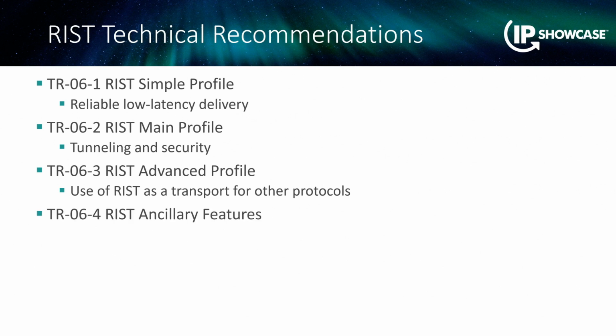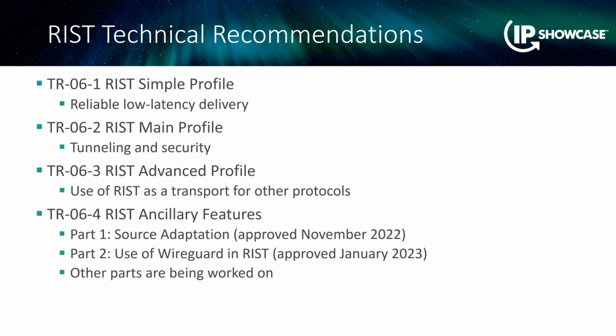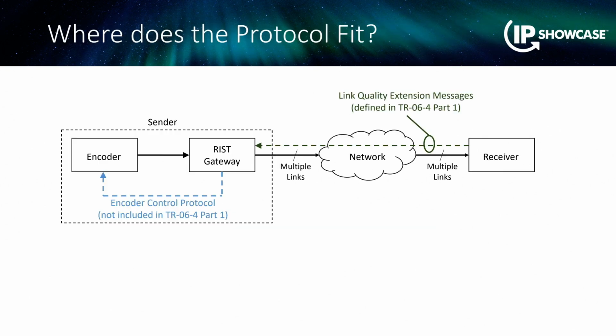So that's a nutshell. And there are RIST ancillary features. We have published part 1 and part 2, and this is about part 1, source adaptation. That was approved in November 2022. We also had WireGuard approved in January. And there's other stuff we're working on, but that's not the subject of this presentation.